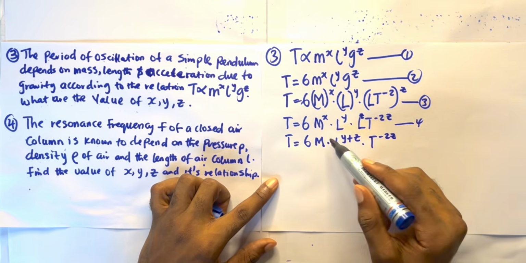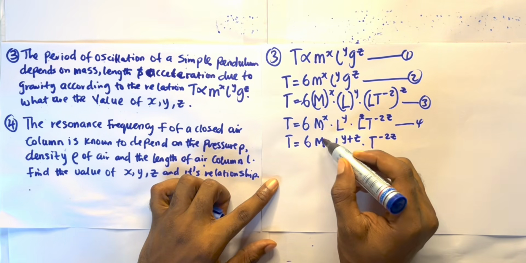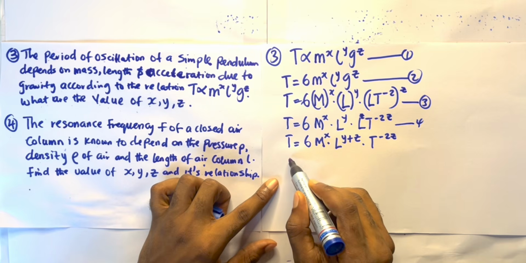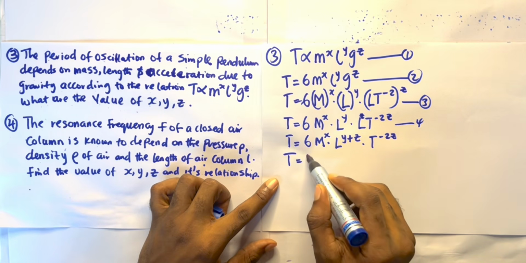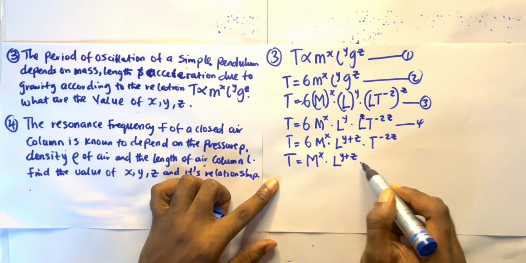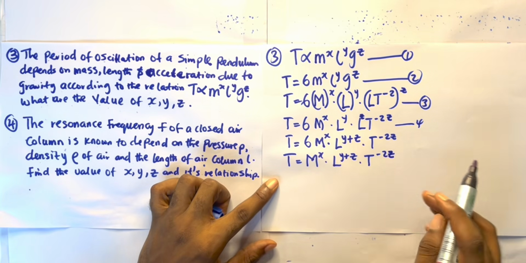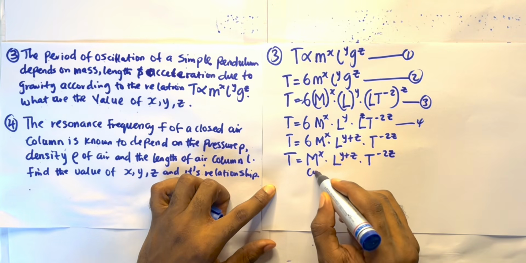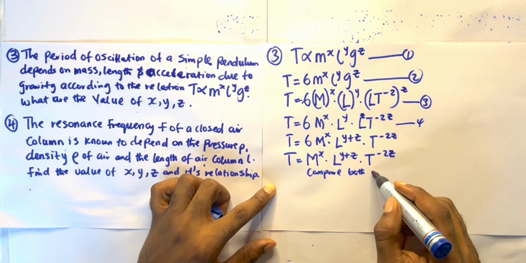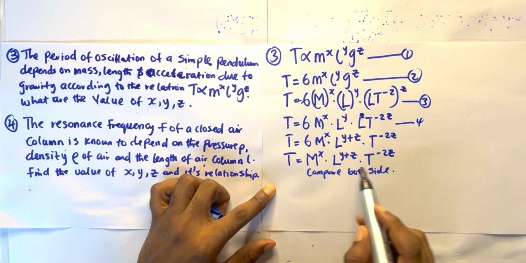And what I simply did is collect like terms. So if I collect like terms, this is how I arrange it: T equals M^x dot L^(y+z) dot T^-2z. Now I need to compare the right-hand side and the left-hand side. And before I do that, I'll introduce MLT.